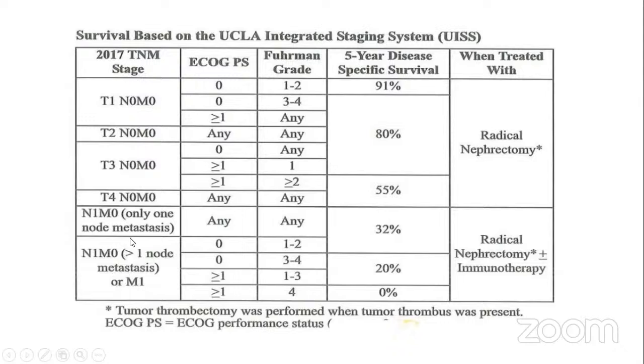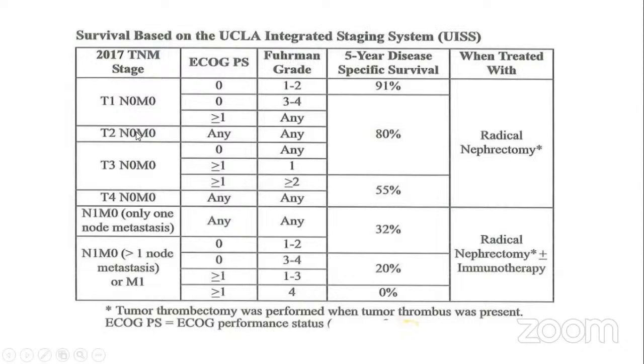This is the TNM. And T1 with no lymph nodes or MITs is 0, that's 0, 0, more than 1. This is the ECOG PS. Or 4 months, grade 1 to 2, 3 to 4, any grade with TNM more than 1.